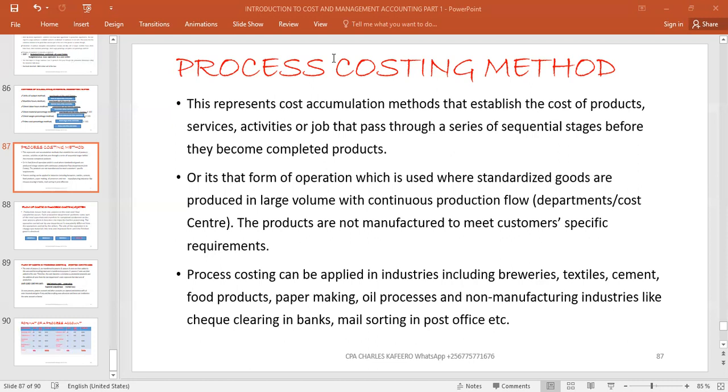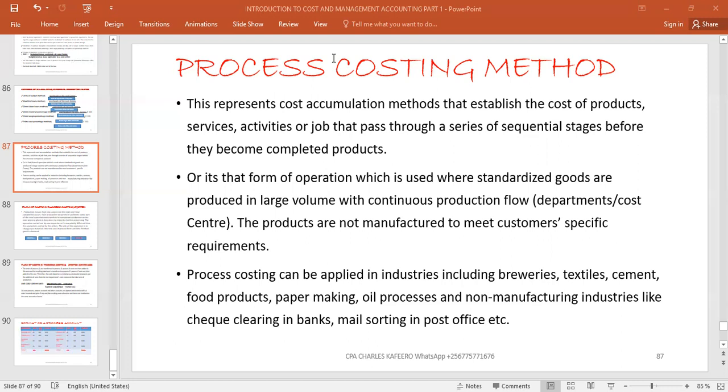We have the specific order costing that includes job costing, contract costing, and batch costing. All of those are within the specific order costing, which is as per the customer's specifications or customer's requirements. But process costing is a bit different.